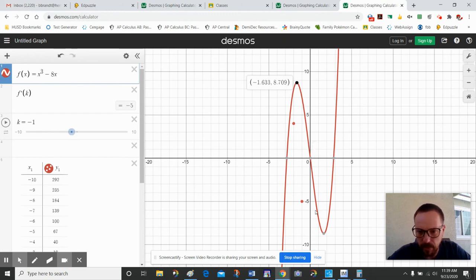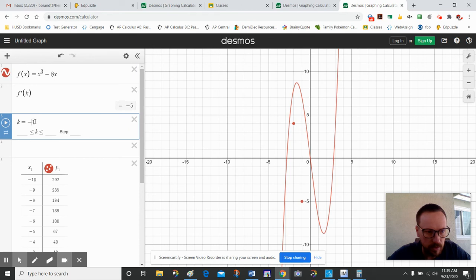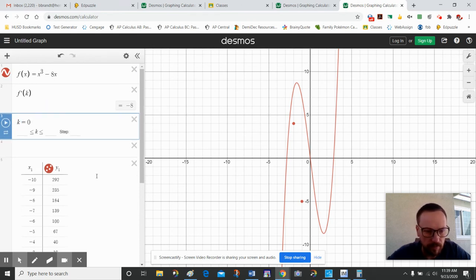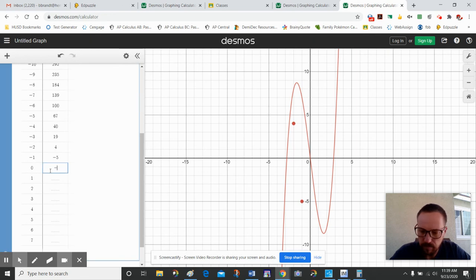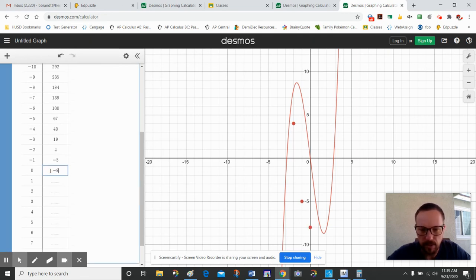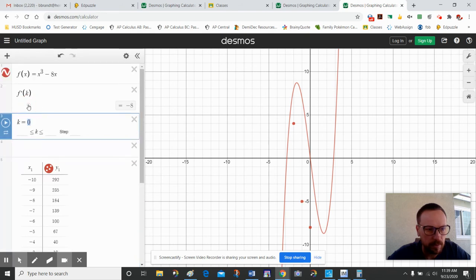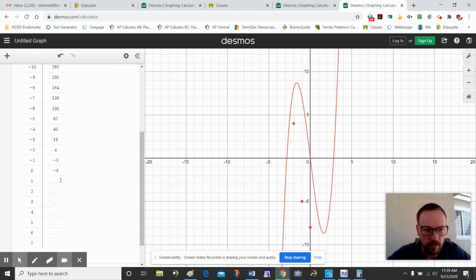And then what's going to happen is at 0 we're going to get another one. So let's just go with x equals 0. We have -8. And then we're going to start going up. 1, and we have -5 again.